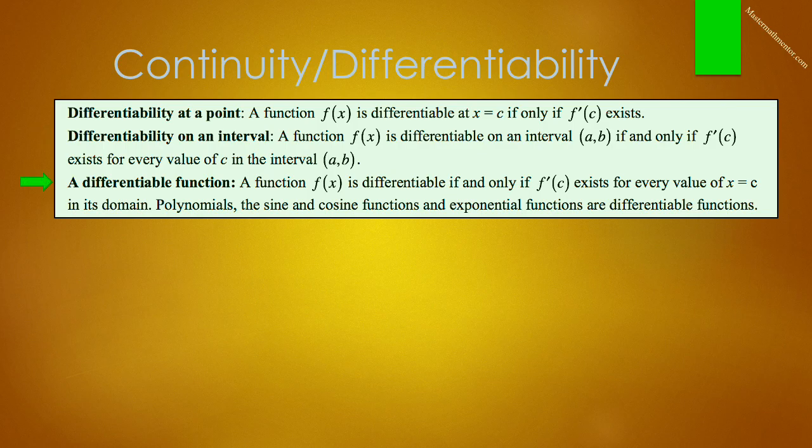A differentiable function. A function f of x is differentiable if and only if f prime of c exists for every value of x equals c in its domain. Polynomials, the sine and cosine function, and exponential functions are differentiable functions.